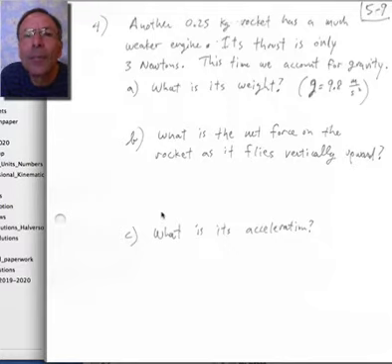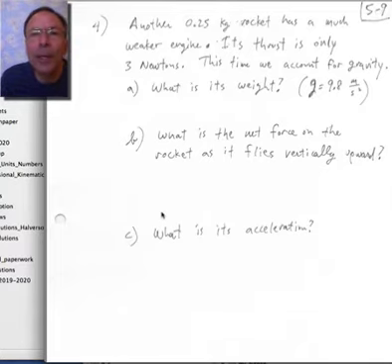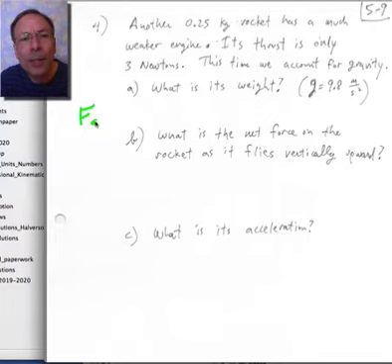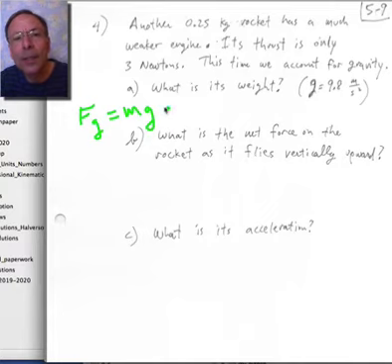And, all right, okay, so the multi-part problem, what is its weight? So it's asking, what is the force of gravity? So we're going to write down F sub G equals mg, which is going to be 0.25 kilograms.